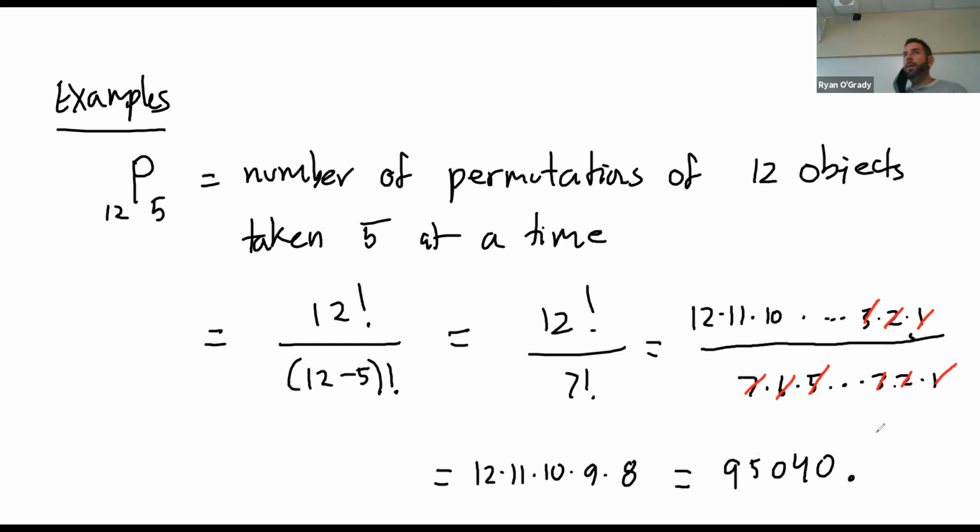So that's a lot of different ways. Let's put this in some context. Say there's 12 months in a year. If I wanted to pick 5 months, how many different ways can I pick 5 of the 12 months and list them? 95,040 ways.